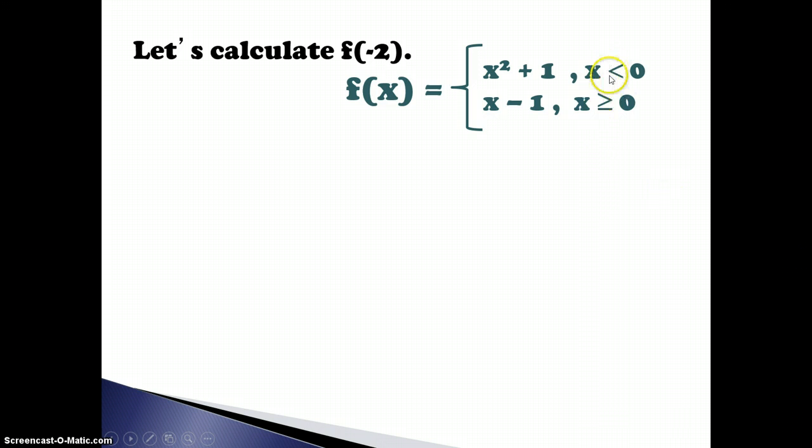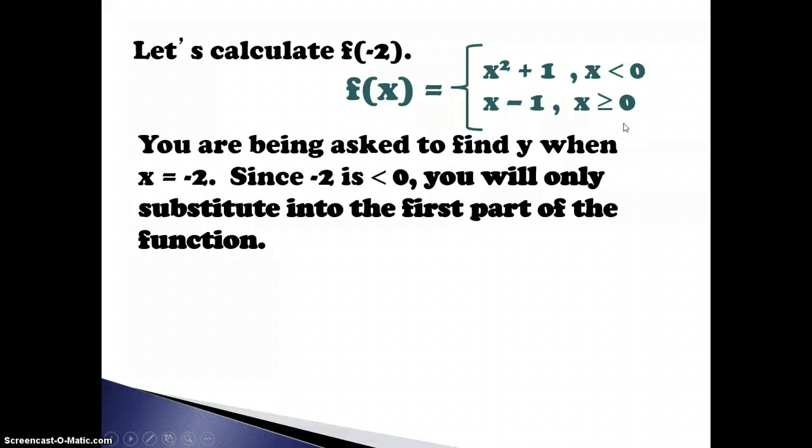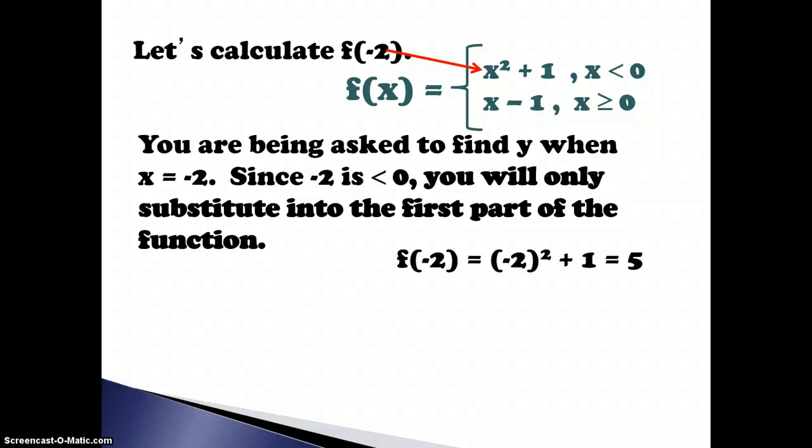Would it be less than 0 or greater than or equal to 0? Since negative 2 is less than 0, we're going to use the first part, x squared plus 1. So f of negative 2 becomes negative 2 squared plus 1, which is 5. Negative 2 squared is 4, and 4 plus 1 is 5.